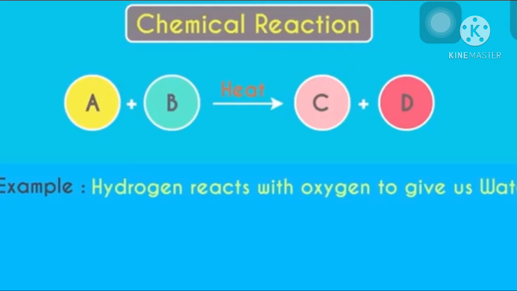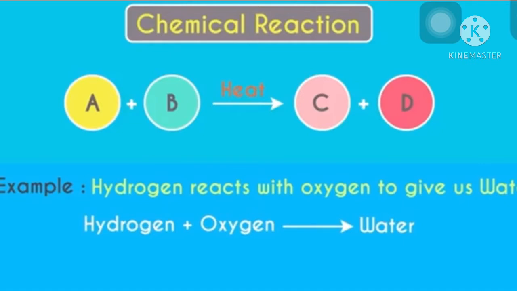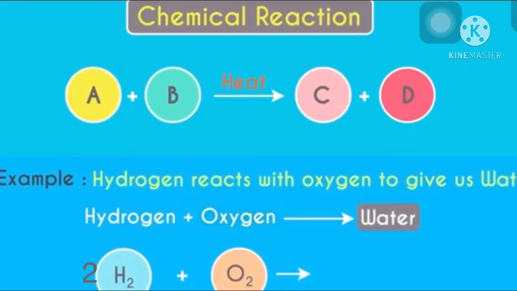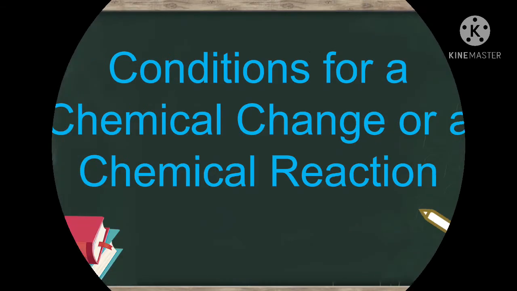Here the reactants are hydrogen and oxygen. First of all, write down the names of reactants. Hydrogen plus oxygen give rise to a new substance, that is water. Now we will write the symbols of these reactants and product. Hydrogen symbol is H2, oxygen symbol is O2, and this will give rise to H2O, that is water.